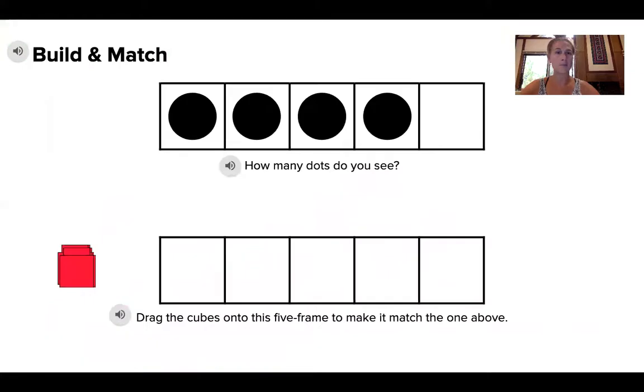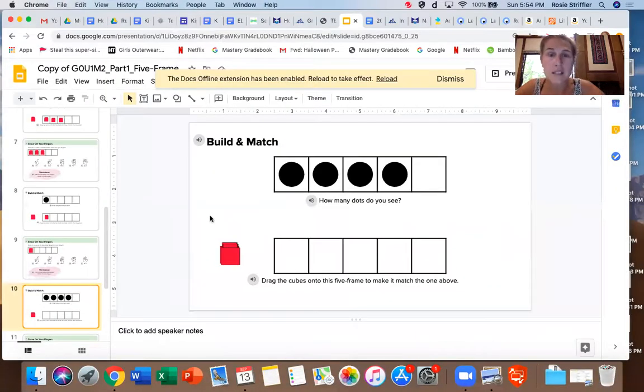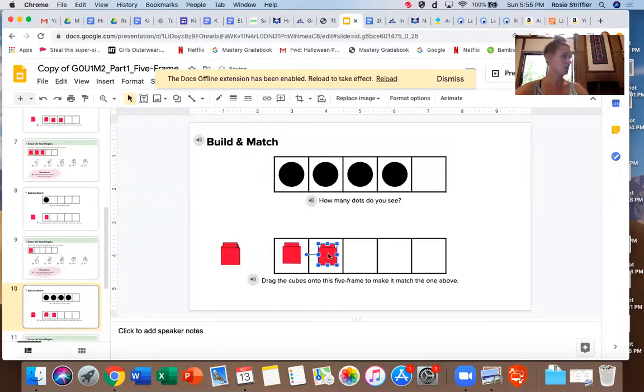Okay, here we go. How many dots do we see? Show me on your fingers. How many dots do you see? 4. Nice. Okay, let's count. 1, 2. Jerome wants to count too. 3 and 4.